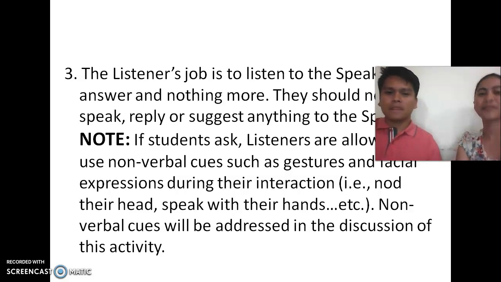Take note, if the students ask, listeners are allowed to use nonverbal cues such as gestures and facial expressions during their interaction. They can nod their head, speak with their hands, and so on. Nonverbal cues will be addressed in the discussion of this activity later on.